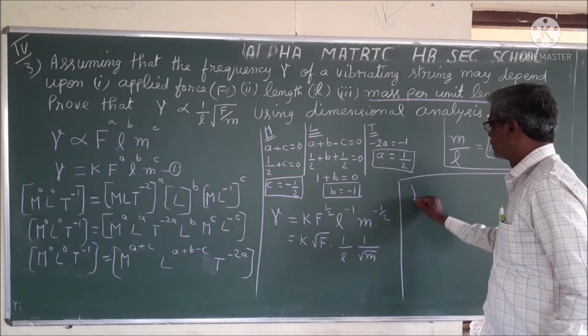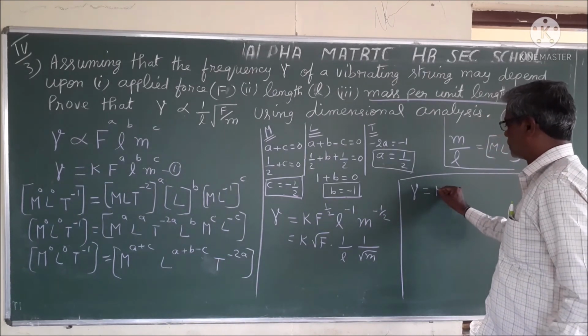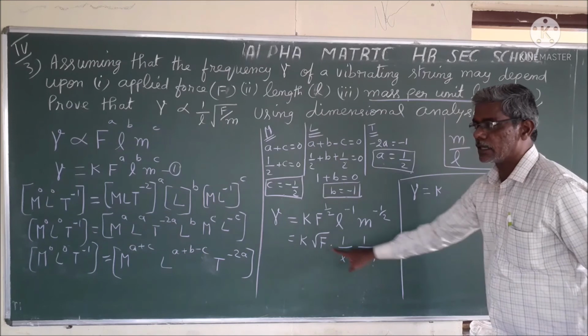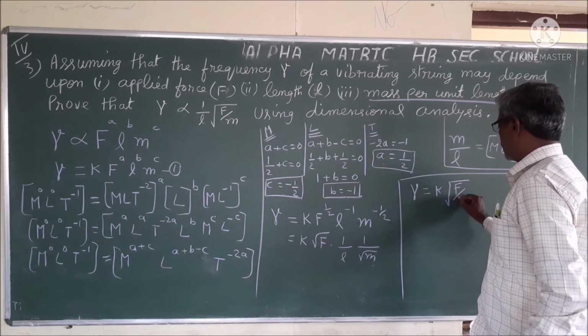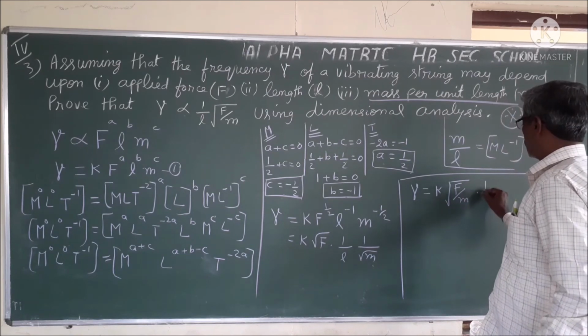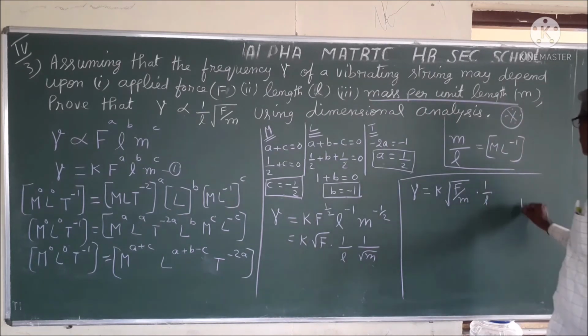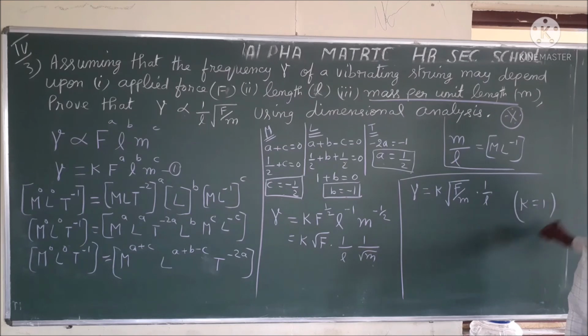So frequency is equal to k, together square root of f by m into 1 by L. Here k is equal to 1.